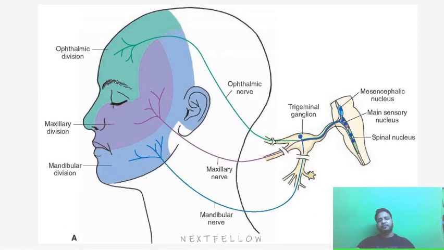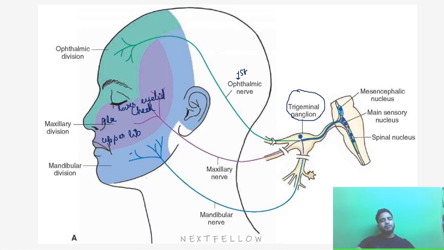Okay, let's look at another diagram which particularly covers the trigeminal nerve branches. This is the trigeminal nerve main trunk, then comes the trigeminal ganglion. From there the three branches arise. The first is the ophthalmic branch, which is supplying the parietal region, upper eyelid, dorsum of the nose, the area lined by the green. Then comes the maxillary division with the area marked by the purple, which supplies the upper lip, ala of the nose, this is the ala, this is the upper lip, and the cheekbone, lower eyelid, like this.